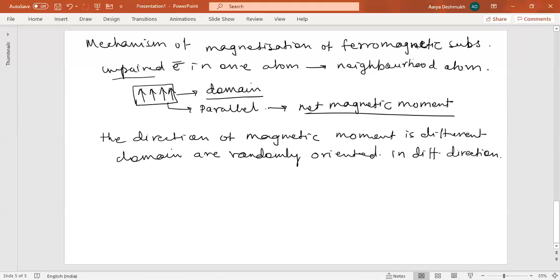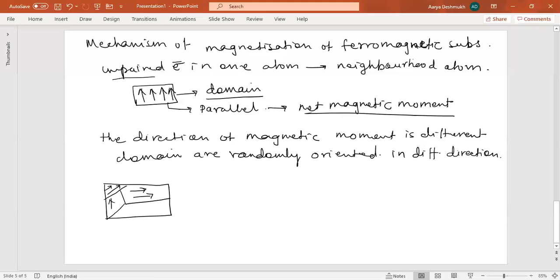Means what? If you are considering a domain in which the electrons are there, those will be arranged this way, okay, with different directions. This happens in absence of external magnetic field.